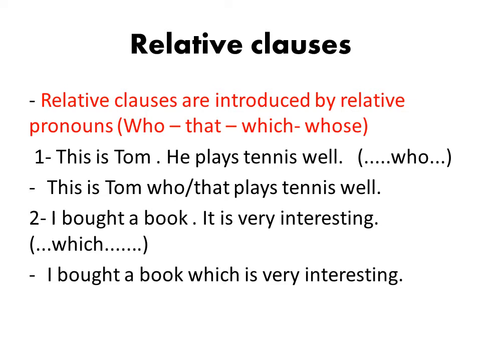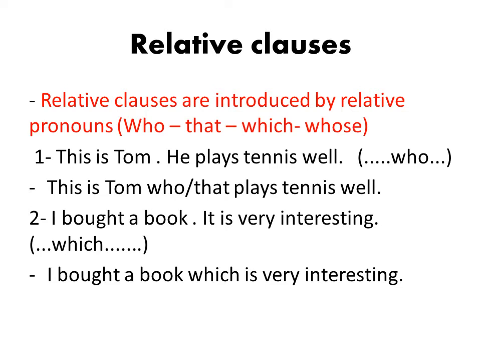Okay, let's consider example number 2. It says, I bought a book. It's very interesting. And it asks us to use which as a relative pronoun. In the first sentence we spoke about the book which we bought, and in the second sentence we said that it is very interesting. So here we have it, and this pronoun it refers to the book mentioned in the first sentence.